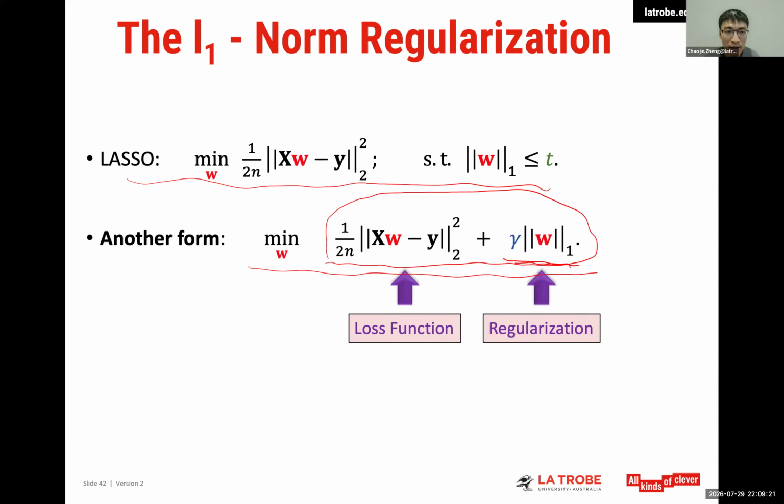And in the second form, it is similar to the ridge regression. The first term is the loss function, the mean squared error, and the second term is the regularization term. Now, unlike the ridge regression that is using the squared L2 norm, here the Lasso regression is using the L1 norm as the regularization term.